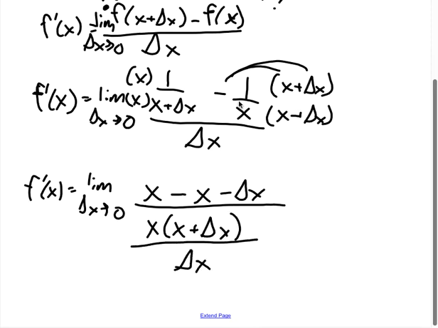Right, when we subtract these, please make sure you distribute this negative to both of the pieces. And very similar to what happened when we were doing polynomials, these two x's cancel. Rewrite what happens after they cancel.